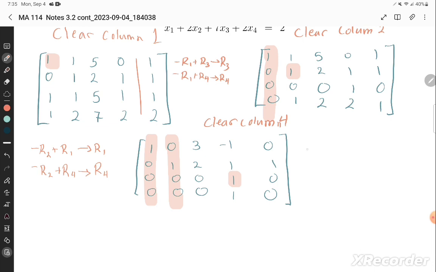To clear column 4, I'm going to do row 3 plus row 1 for new row 1. Then I'm going to do negative row 3 plus row 2 for new row 2. Then I'm going to do negative row 3 plus row 4 for new row 4.